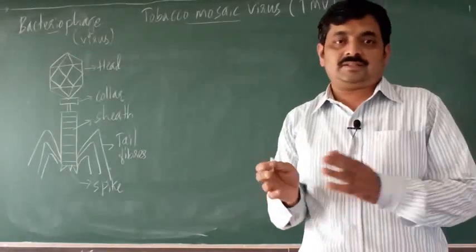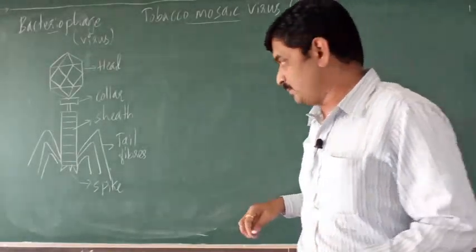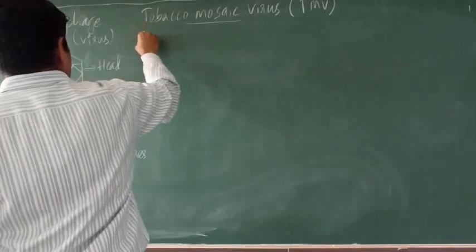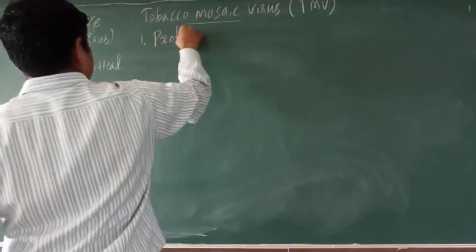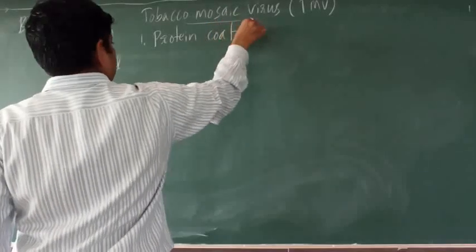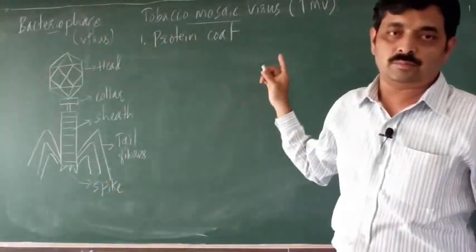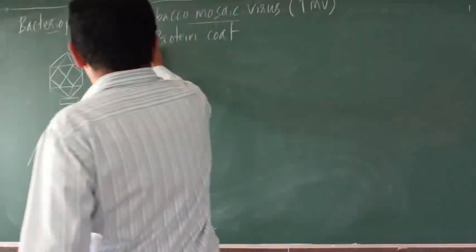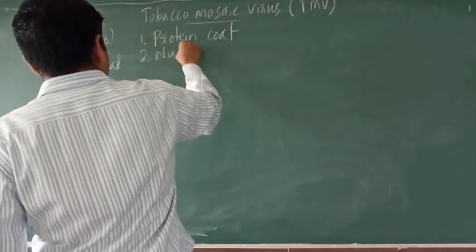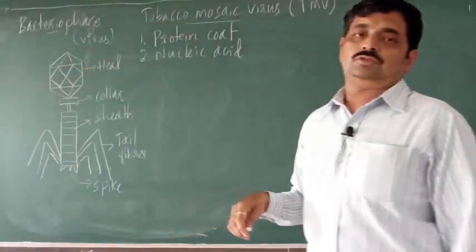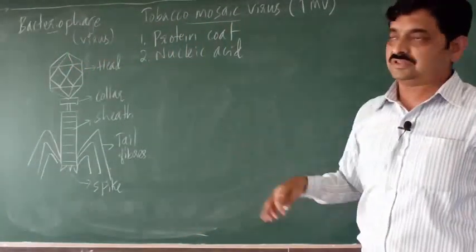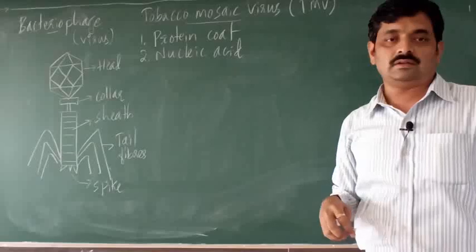Now this virus is composed of two components. The first component is the protein coat, and the second one is the nucleic acid. So TMV is composed of two main components, the protein coat and the nucleic acid.